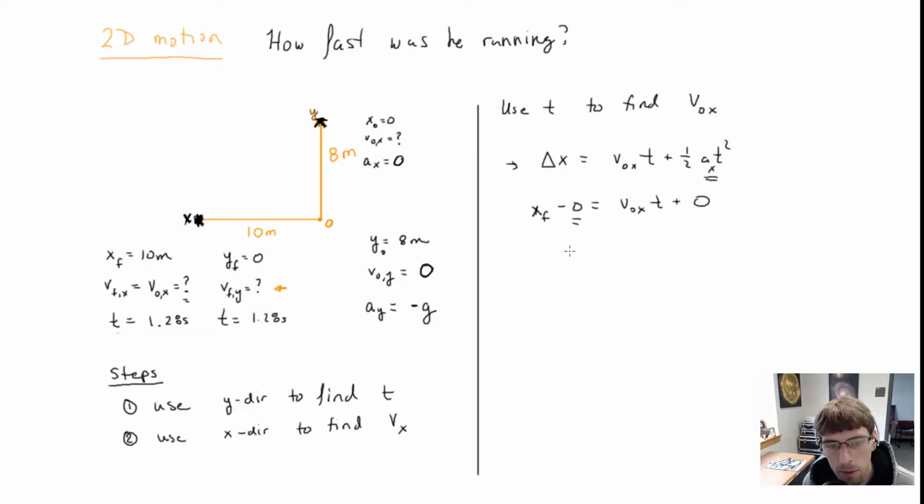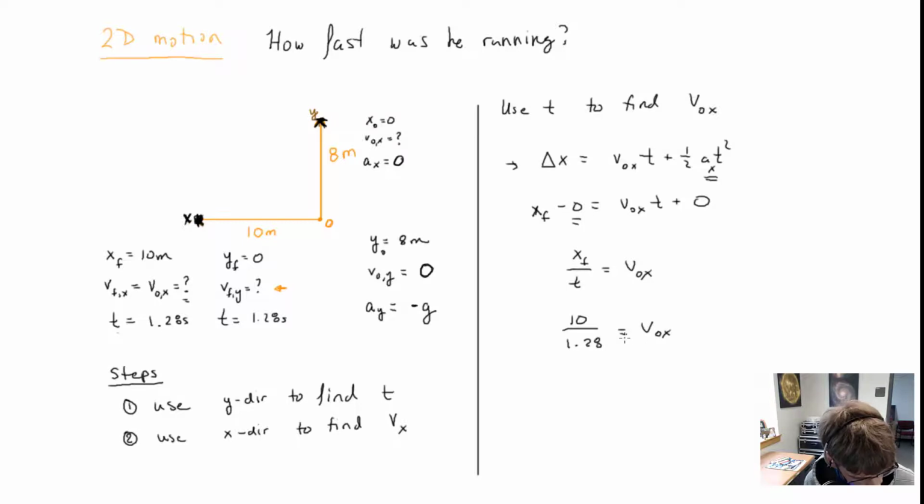Rocking and rolling. Of course, you say, okay, I already knew this. Distance divided by time is equal to the speed. Okay, let's go ahead. The distance we estimated as being 10 meters. The time we found to be 1.28 seconds. And we're home free.